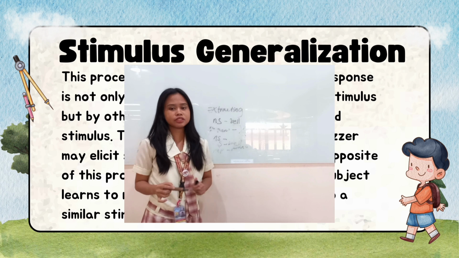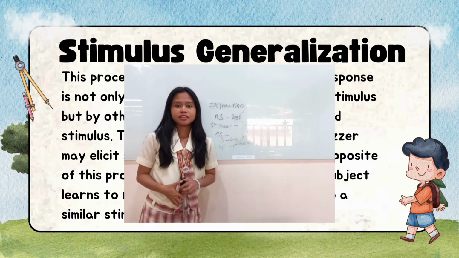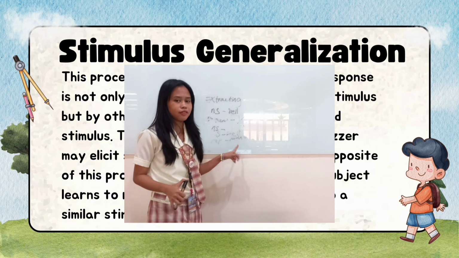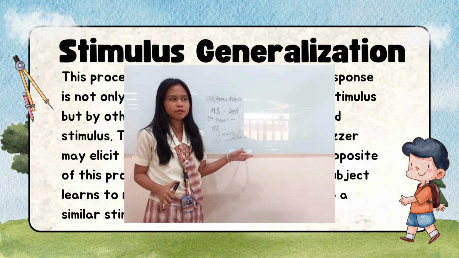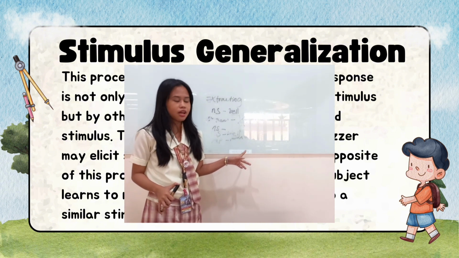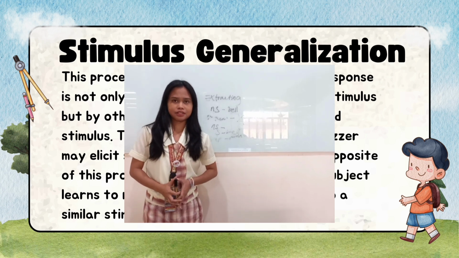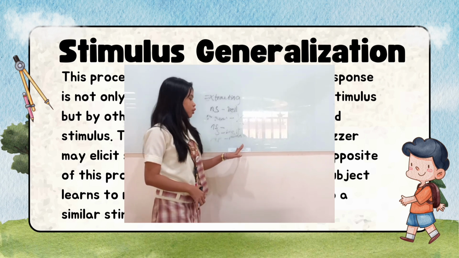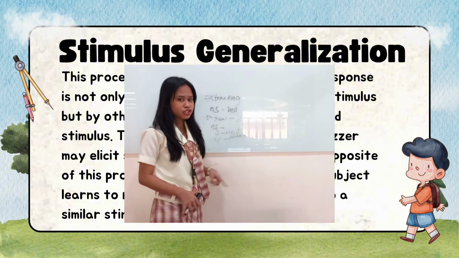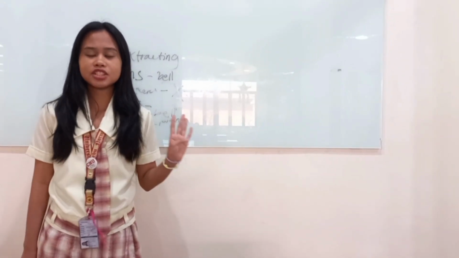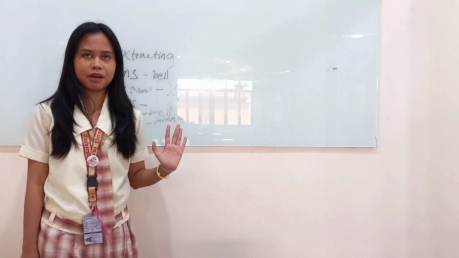In stimulus discrimination, the dog doesn't salivate at the sound of the piano, even though both produce sound, because they are not similar in the tone of the instrument. That's all for the four principles of classical conditioning by Ivan Pavlov.